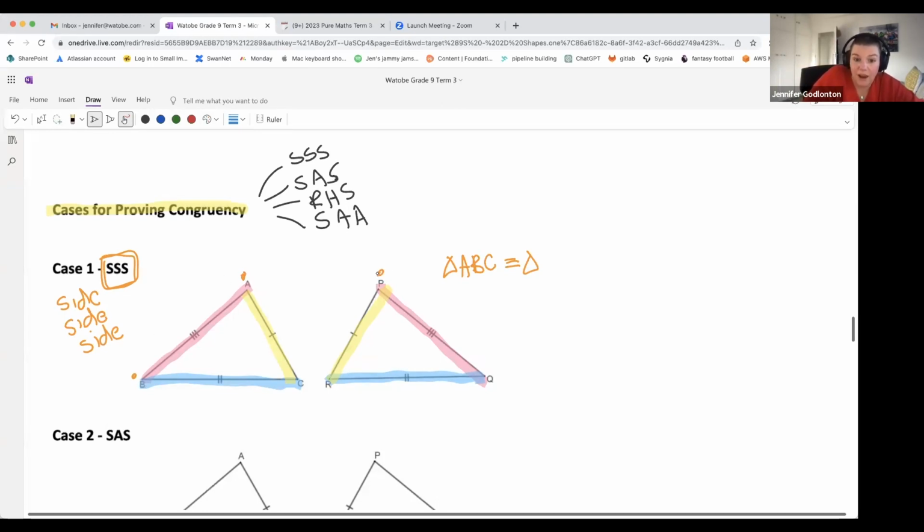So along the pink to the blue. So P, Q, R. And then remember, like in geometry, we always give a reason. Now in brackets next to it, we're going to give our case of congruency, which in this case is going to be SSS. So 3 sides that are all the same as each other.